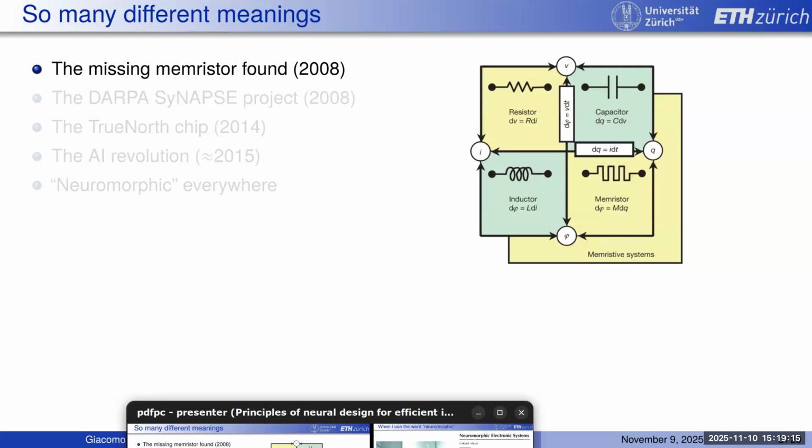In 2008, there was a discovery that led to a new device that actually works as a synapse. Because it has non-volatile long-term memory, it has a lot of interesting physics: state dependence and intrinsic stochasticity.